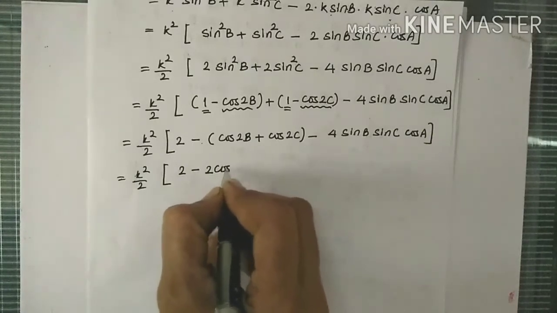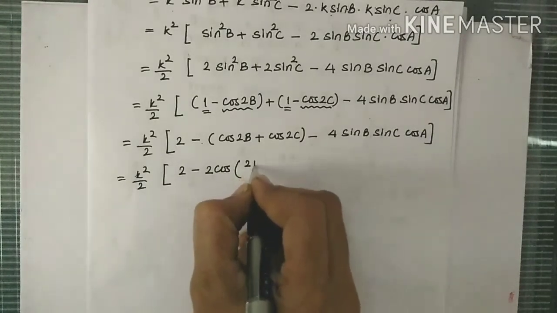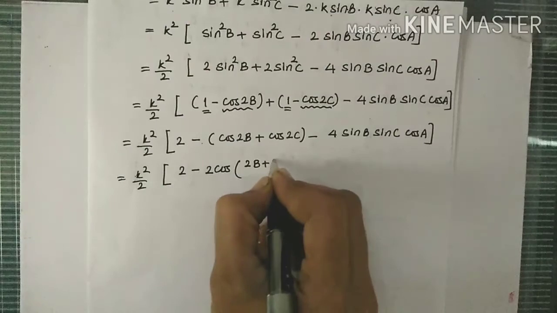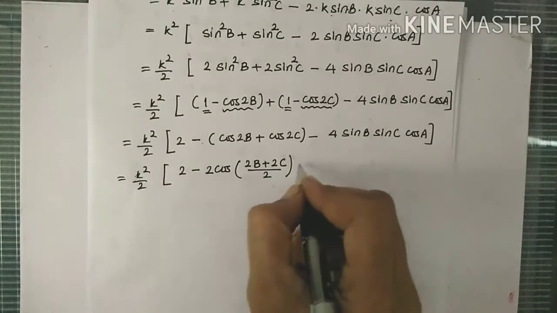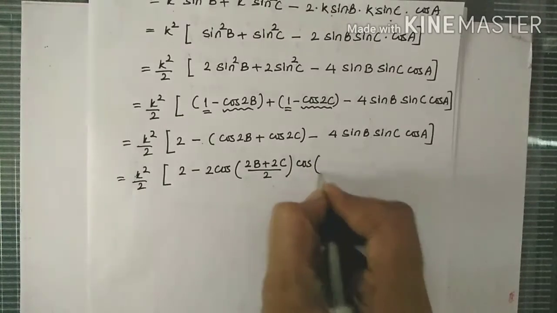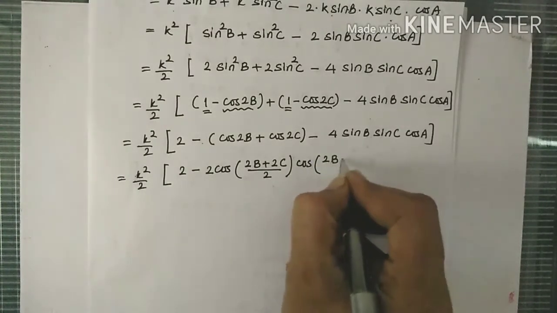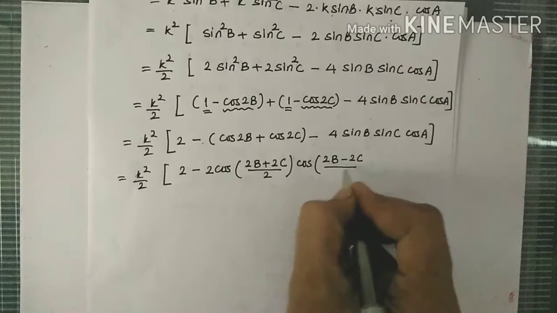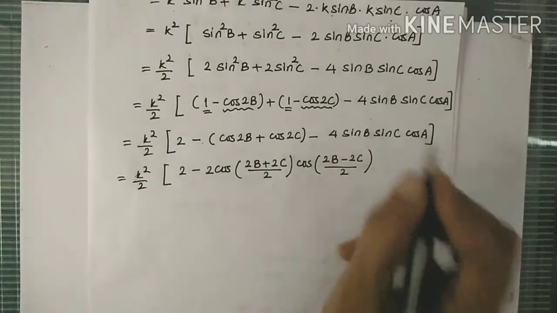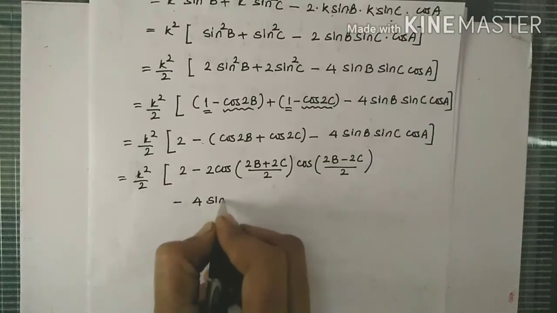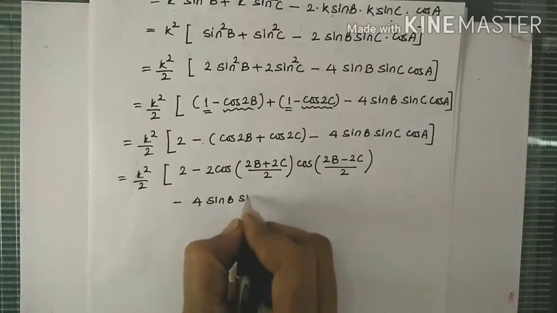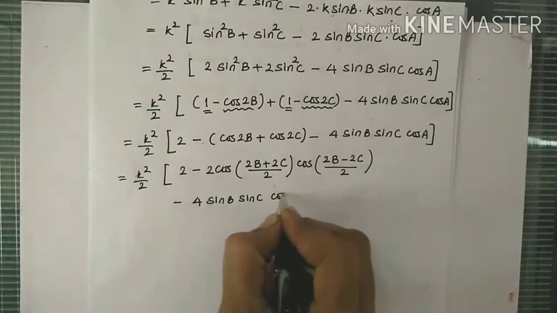So we add those angles and divide by 2: 2B plus 2C upon 2, and cos of first angle minus second angle divided by 2. And this term as it is, minus 4 sin B sin C cos of A.